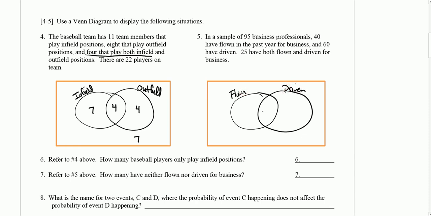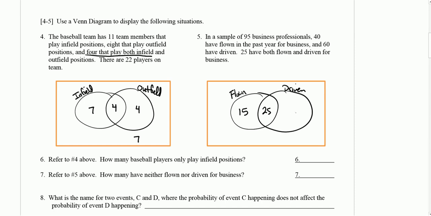Start with the intersection. 25 have both flown and driven for business. 95 professionals total. 40 have flown, so 40 minus 25 is 15. So 15 have only flown, 25 have flown and driven. That adds up to your 40.